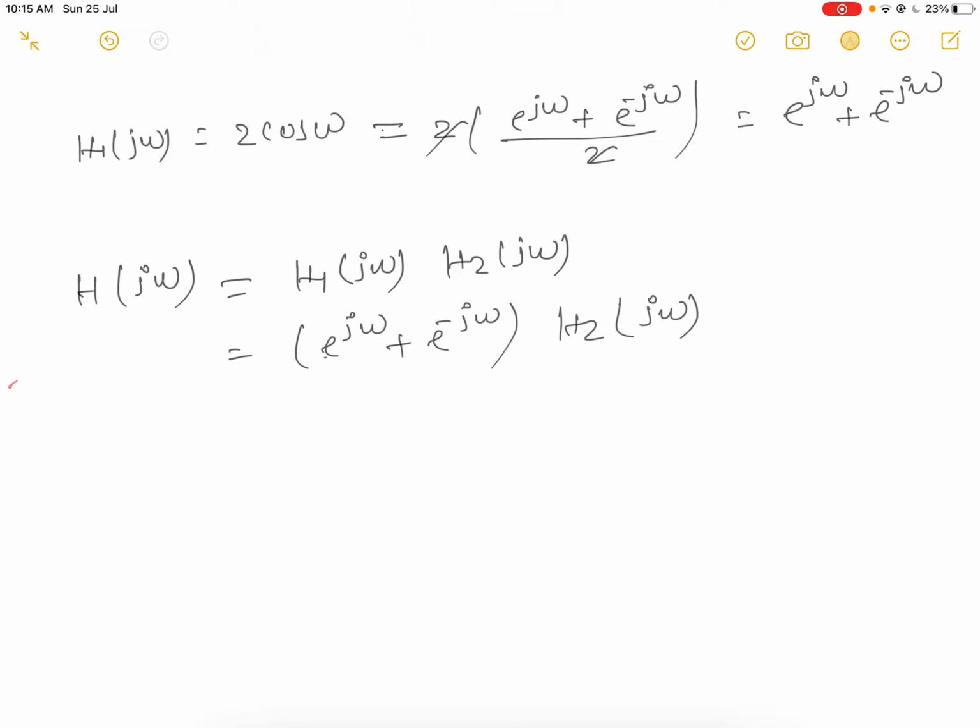According to the shifting property, when we take the inverse, h(t) = h2(t+1) + h2(t-1).